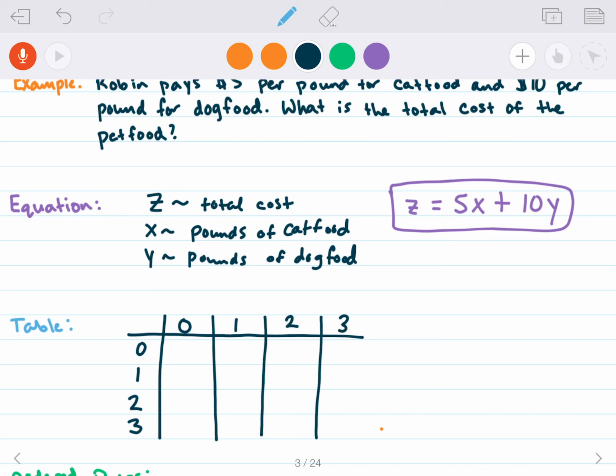And these are going to represent both of my inputs. So I'm going to say that this guy is going to represent X, and this guy is going to represent Y. So I have two sort of inputs here. And the rest of the table that I'm going to fill out is going to be my corresponding outputs. So let me just draw some rows so we can get our feet wet here.